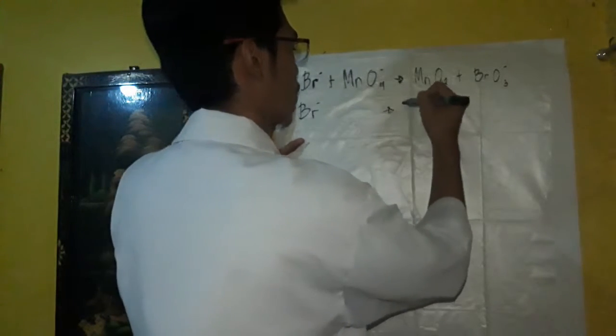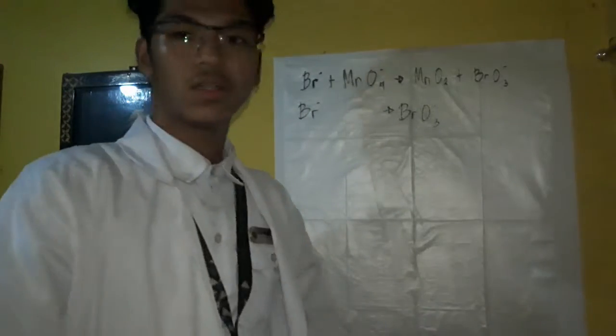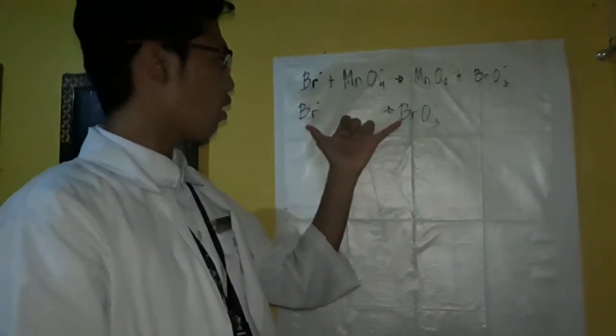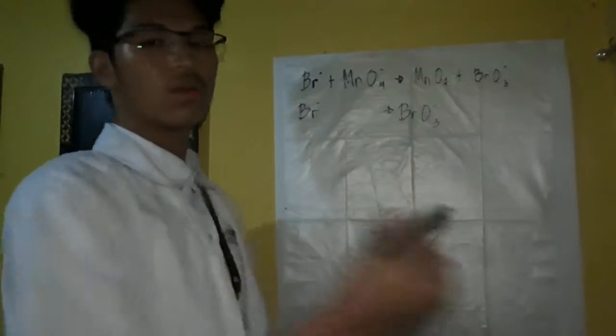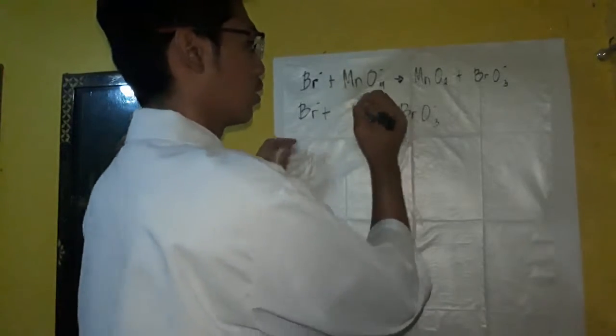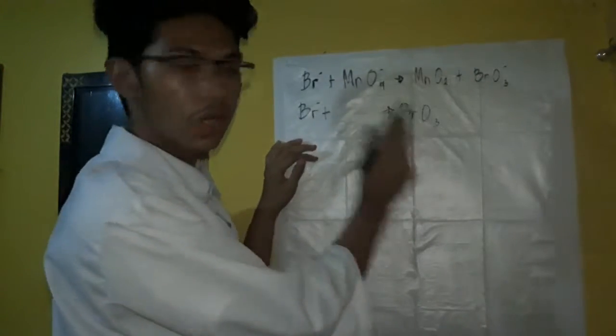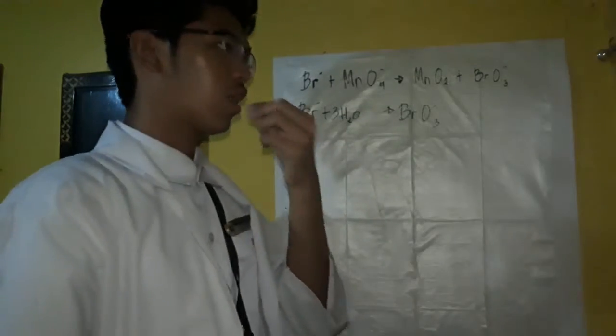Now, the bromines are balanced, but the oxygen is not. So we will add water. It's BrO3, so we will add 3 H2O.